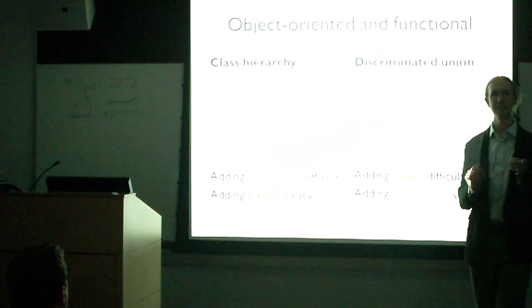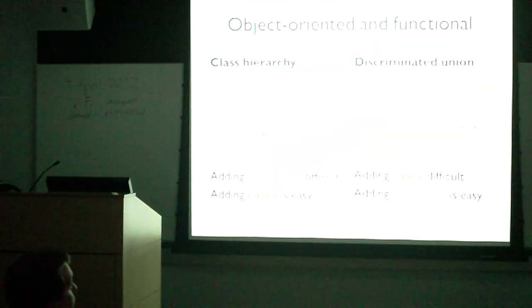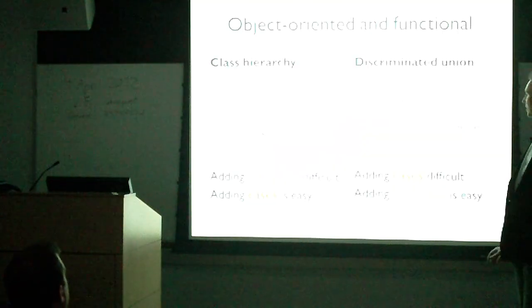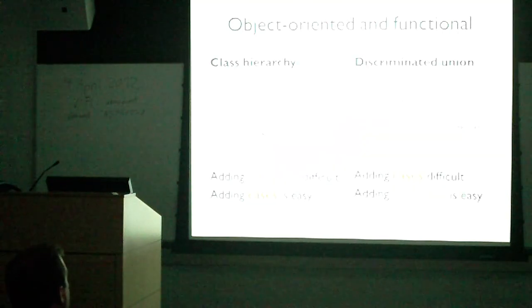Any questions? Yeah, so I had a question. So when do you choose which style? F# gives you both, and sometimes it's difficult to choose the right approach. The question is, when do you choose which style?